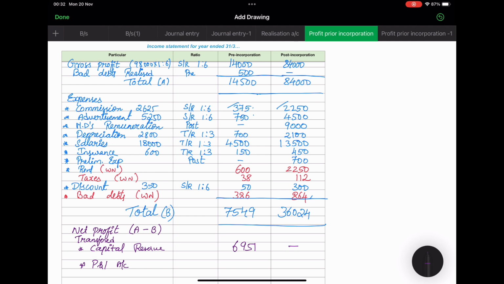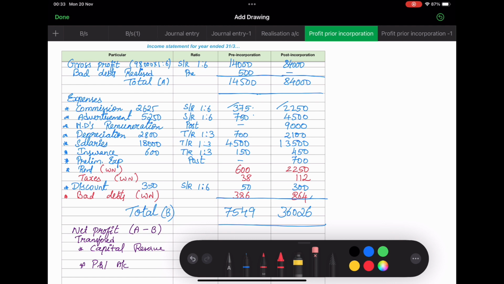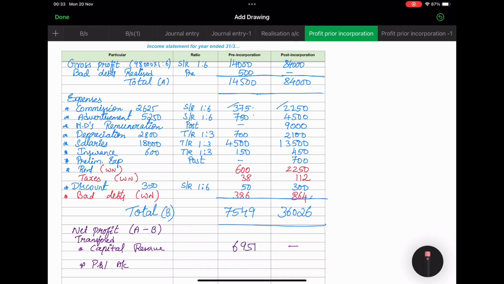Just a second. Yes, I think this is 36. So writing 26, the value will be here 47,974. Yes, so this is the thing.